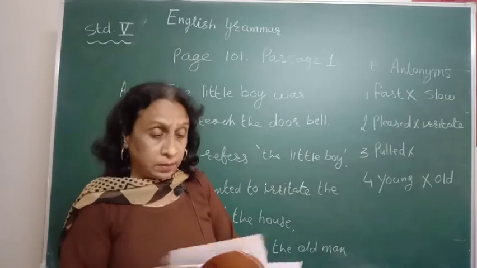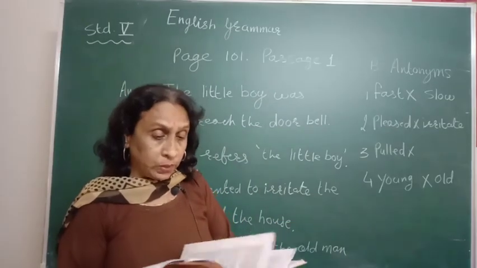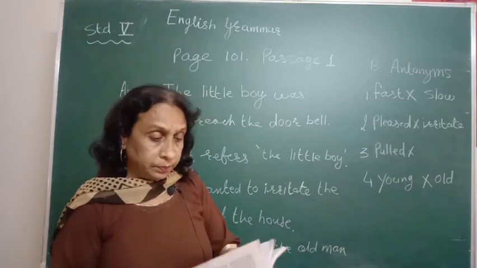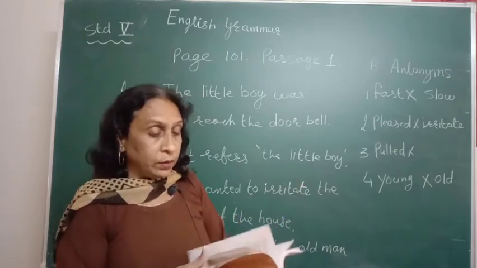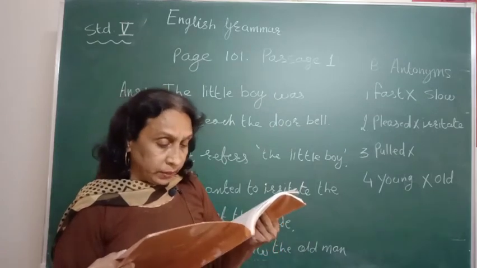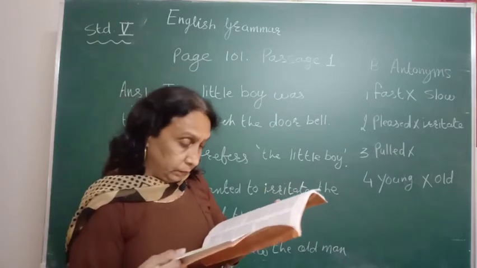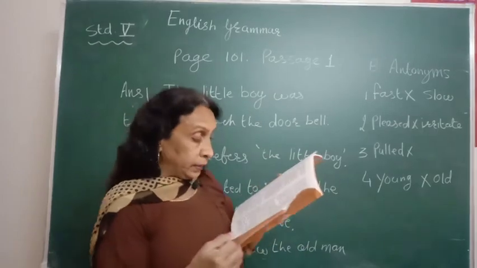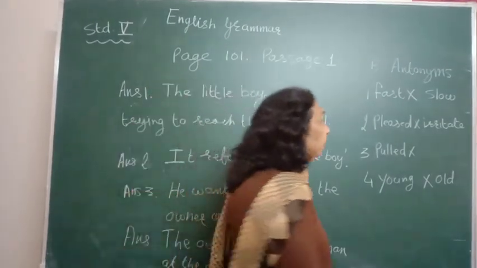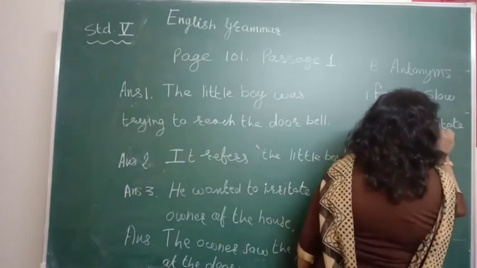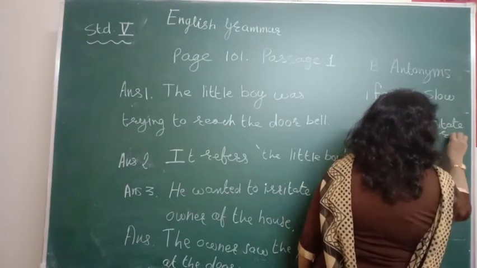I'll just check the answer at the back. 1 minute, students. Yes, it is not irritate, it is angry. Pleased is angry. Instead of irritate, you can write irritate also and write angry also.